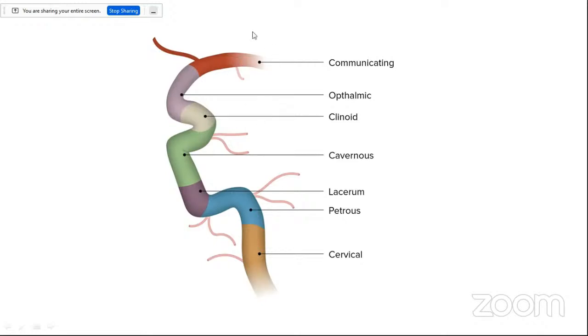Then the ICA divides into its two major terminal arteries, the MCA and the ACA. If we revise it superficially, we have the cervical, petrous, lacerum, cavernous, clinoidal, and then the supraclinoidal comprising the ophthalmic and the communicating segments. We'll be dealing with each of these segments separately, and we'll be discussing the branches that each segment gives rise to.